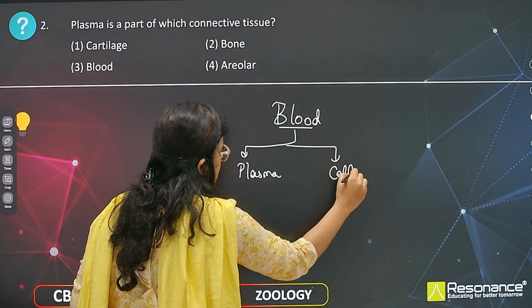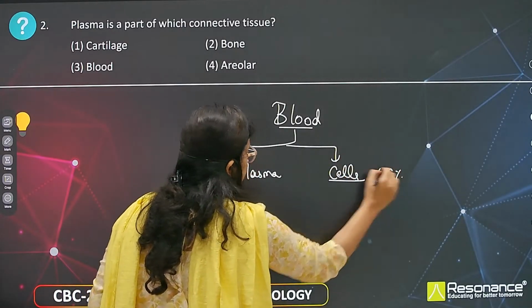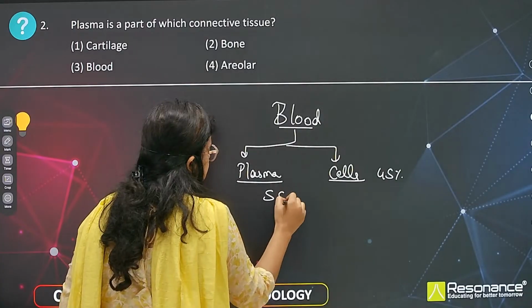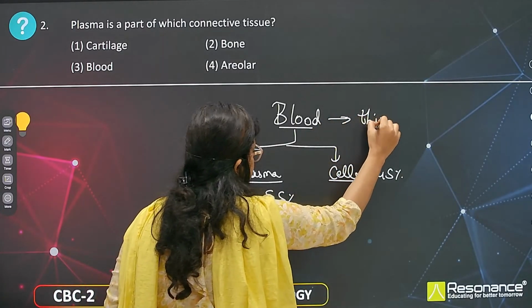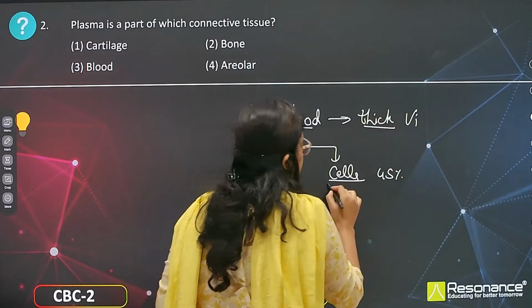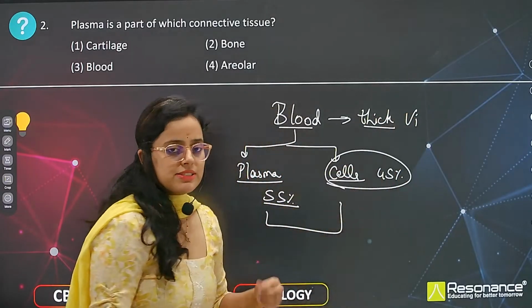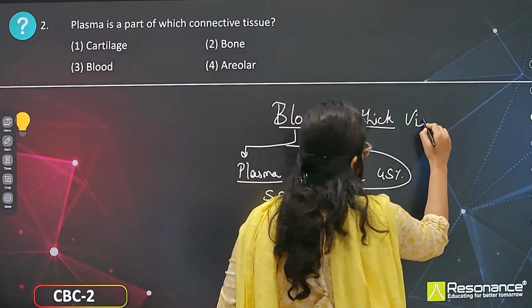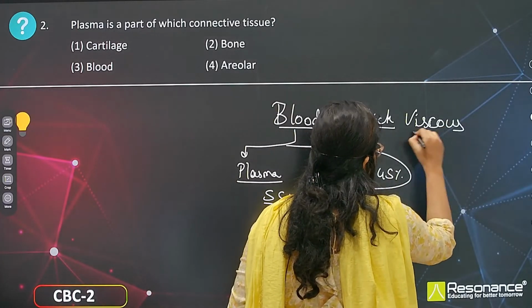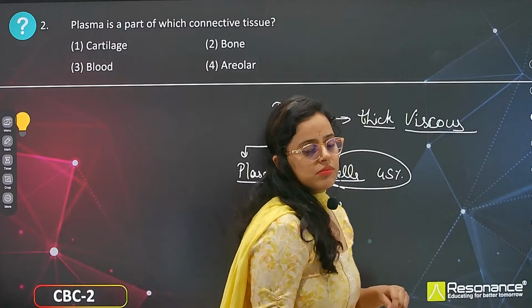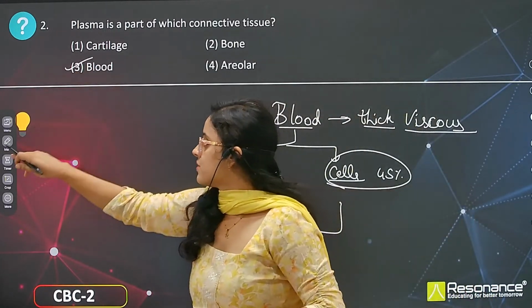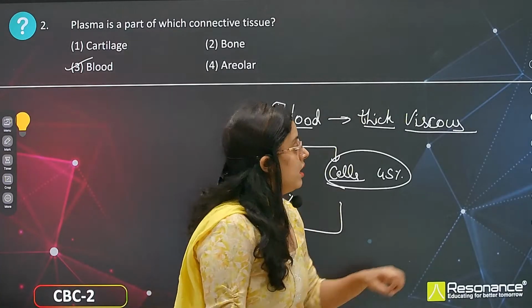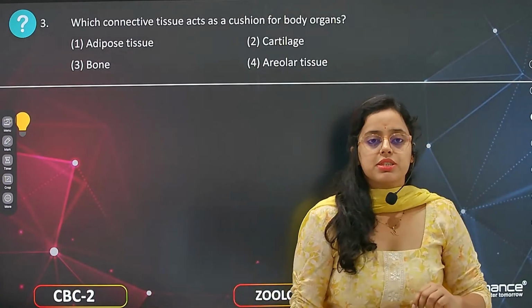The concentration of the cells is just 45% and the majority is 50% plasma. That is the reason the blood is thick, viscous. Because the cellular component is less and the liquid component is more, it appears thick, viscous in nature. So the answer here is blood. Blood consists of plasma.